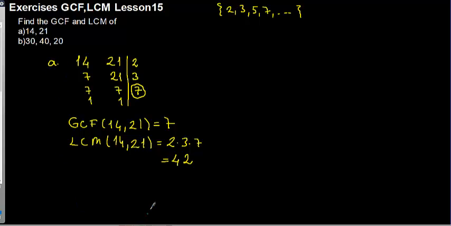Okay, this was the first exercise. The second exercise is 30, 40, and 20. The written order is not important. You can start from the smallest one or the greatest one. Then I'm going to start with 2 because it's the smallest prime number, and I'm going to circle it because 2 divides all of them.